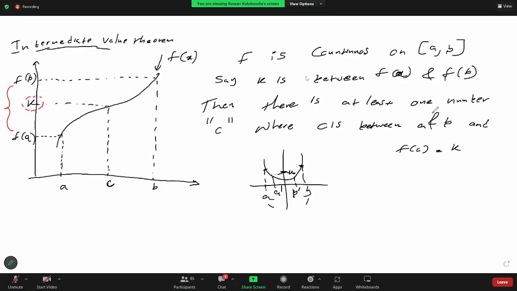So the number is not one. In this example there are two x values, or two C values. That is why we write at least one, but depending on the case there can be more x values.